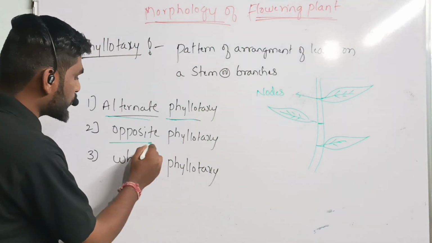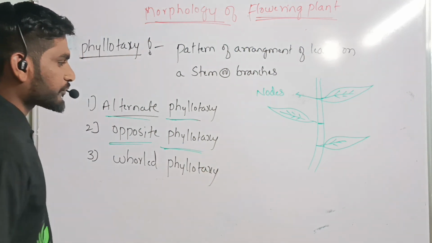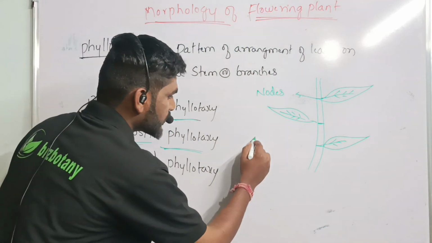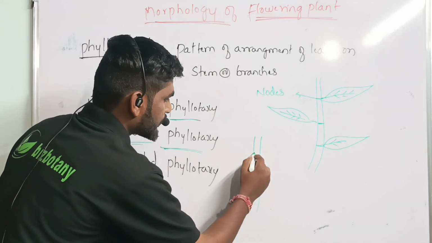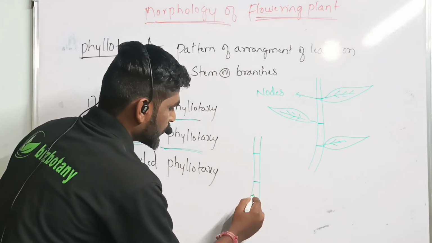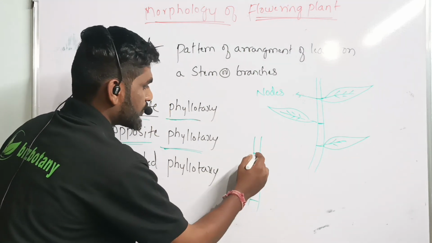Second one is opposite phyllotaxy. Opposite phyllotaxy means this is a stem. These are the nodes of a stem.